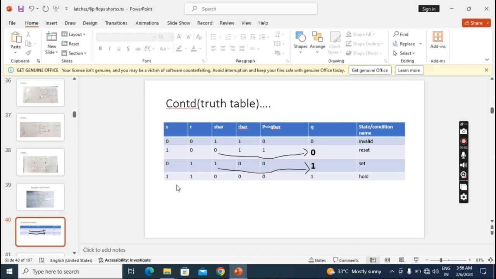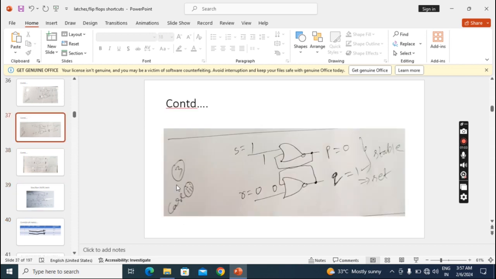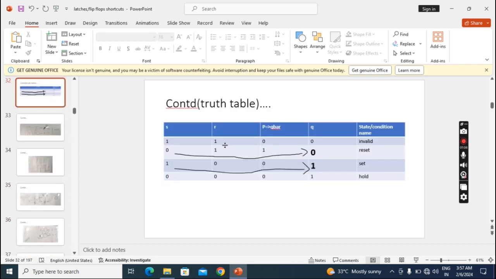Now we'll see the working and truth table. I just took the truth table of the normal non-gated SR NOR latch. So this is the truth table. I already uploaded that lecture. You can go through it. After watching that lecture, then you have to see this lecture, then only you can understand. Okay. Same here, we can see when SR equal to 1, 1 the circuit becomes invalid, when SR is 0, 1 the circuit becomes reset, when SR is 1, 0 the circuit becomes set, and when both inputs are 0, 0 the circuit becomes hold.